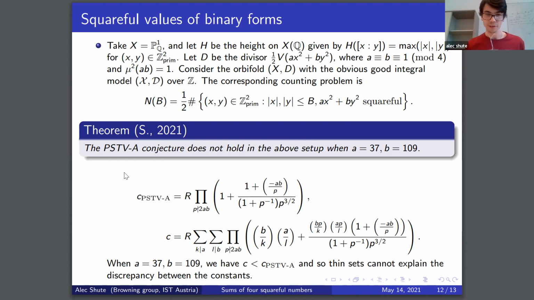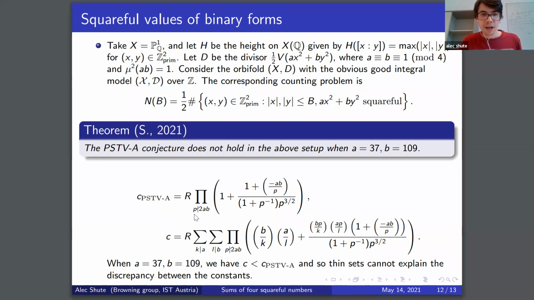The reason it doesn't hold is because the leading constants don't work. So this is what happened. We calculated C_PSTV-A here, and it's some factor R, which is basically from the real density and a few factors of pi and that kind of thing, but anyway, it's that times an Euler product.